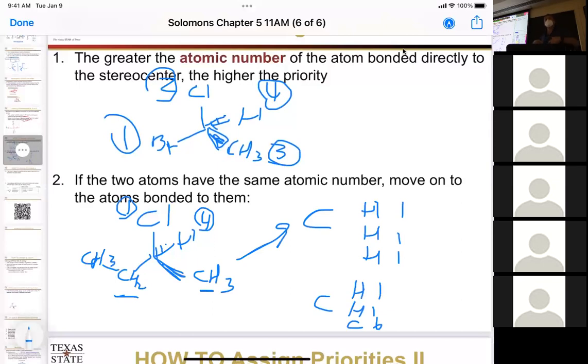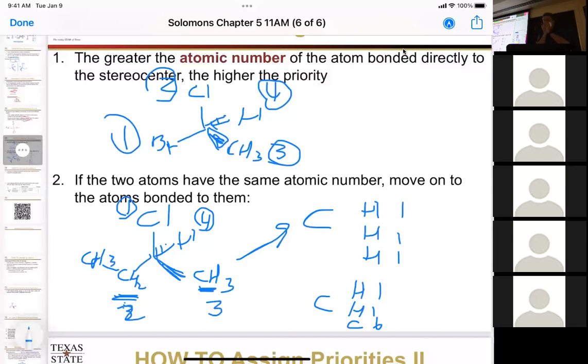The one that has the higher atomic numbers attached to the thing we're talking about. So this right here is the higher priority because it has the other carbon bonded to it. This has nothing but hydrogens bonded to it, so it has lower atomic numbers attached to it. Therefore, it is going to make this number 2 and this number 3.